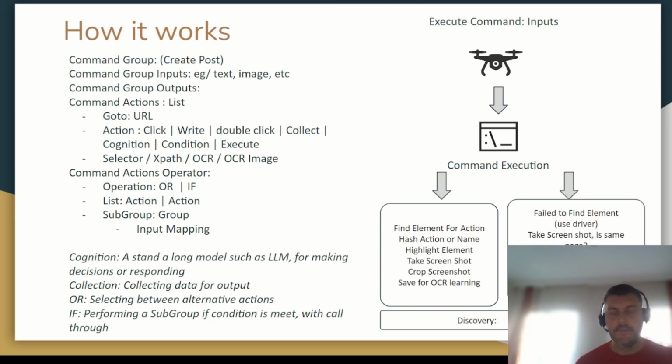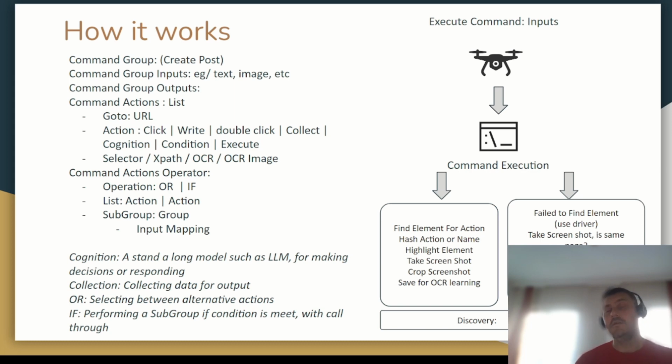Let's say we want to create a post. We're going to find the element where we do a post. We hash the action or use the name, so we can uniquely identify what action it is. We highlight the element, so we can use JavaScript injection, create a border, red border, whatever. Then we can take a screenshot.